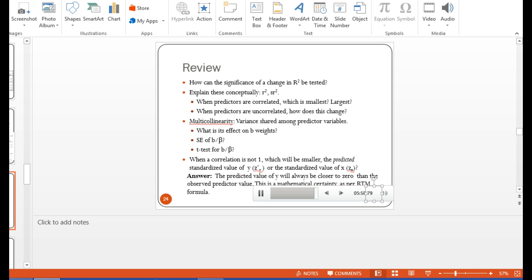So it always will happen. So we could have a very extreme value on the DV, but when we multiply it by that correlation that's less than absolute value 1, we're going to get a predicted value of the DV that's closer to the mean. It's going to be closer to 0 than that observed x value was. Okay, so keep working with it, keep understanding what regression to the mean really means, conceptually and also mathematically.